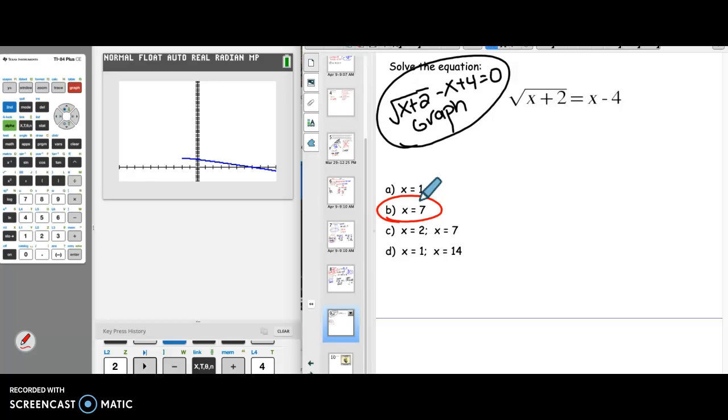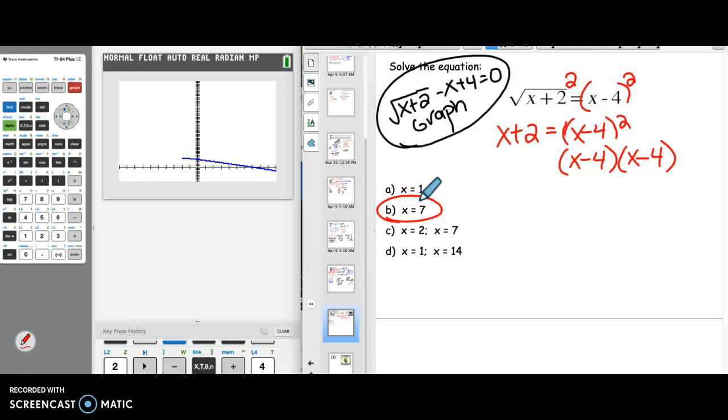All right. If it's a timed test, I would just move on from there. But the opposite operation is to square it. We do want to square both sides. So you get x plus 2 equals x minus 4 squared. Now this is something that we're going to have to distribute. All right. And if we have a binomial squared, that's the same as x minus 4 times x minus 4.